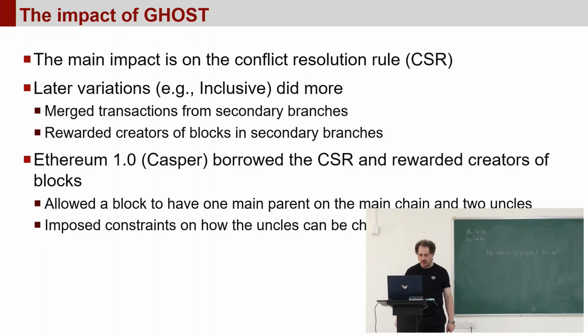In a previous version of Ethereum, Casper, they borrowed the conflict resolution rule from Ghost, and they rewarded creators of blocks, and they allowed a block to have one main parent on the main chain and two uncles. And it imposed constraints on how the uncles could be chosen.